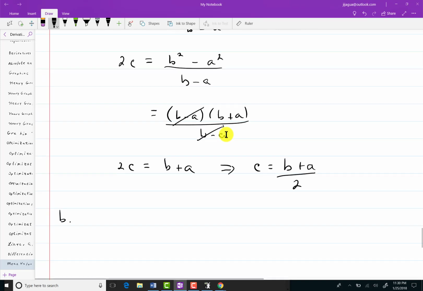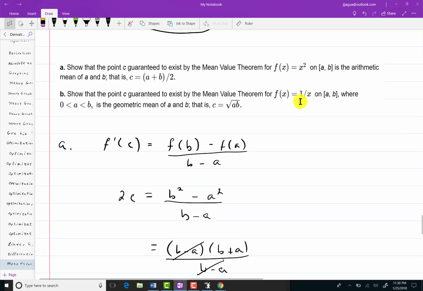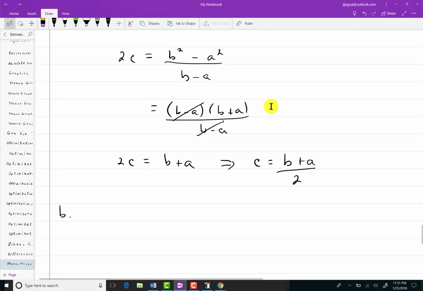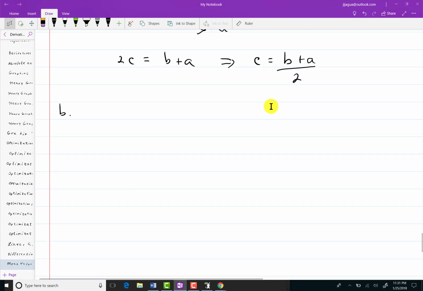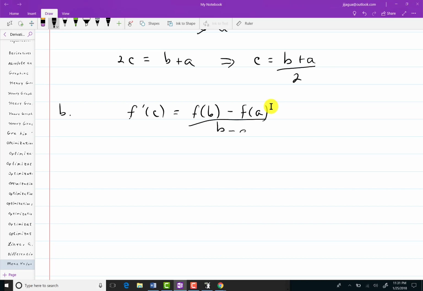Part B, we are dealing with the function 1 over x. Here, the c that is guaranteed is what they call the geometric mean of the numbers a and b. So let's go ahead and do that one. So once again, I'm supposed to have f prime of c equals f of b minus f of a all over b minus a.